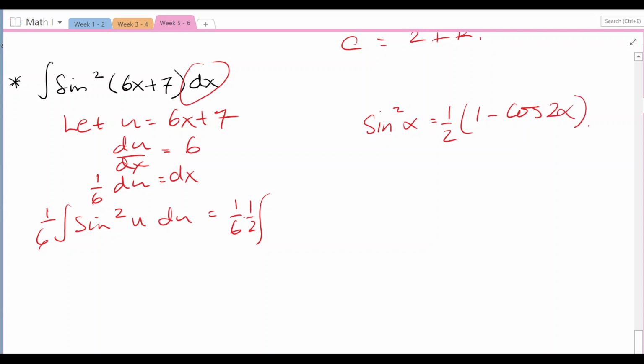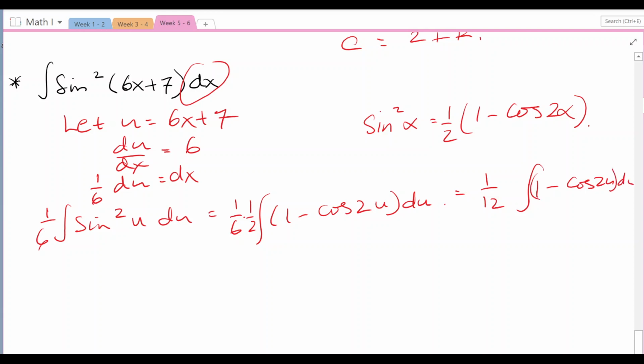In this case it's sine square u, so we have the half already out. And then we only have 1 minus cos 2u with respect to du. So we have 1 over 12 integral of 1 minus cos 2u, and the whole thing is du.